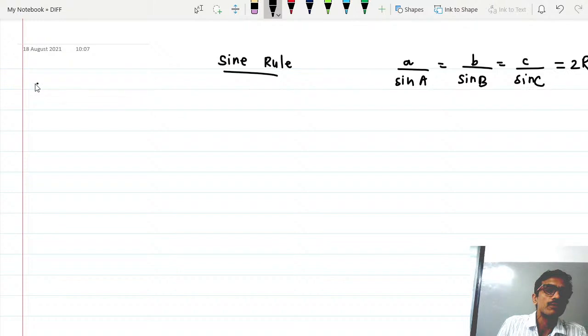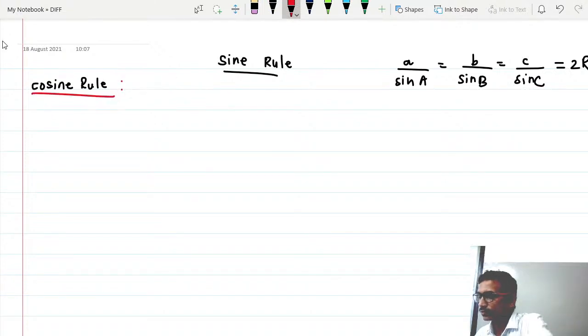Students, sine rule, then cosine rule. So what is this cosine rule? Pay attention here. First of all, we write the statement of cosine rule.